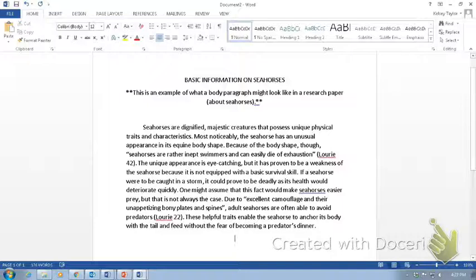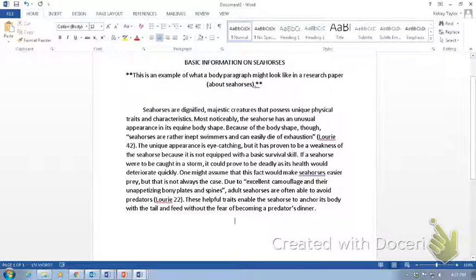So if I were to continue writing this paper, which would be very interesting, but I'm not going to do that, because I had a lot of other work to do, I would add after this a transition to a paragraph about feeding and mating habits of the seahorse.